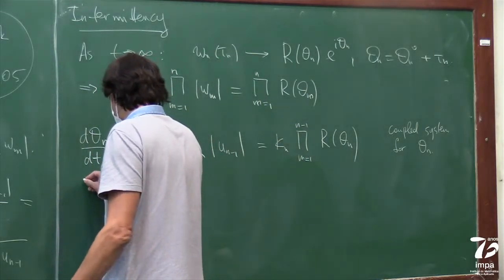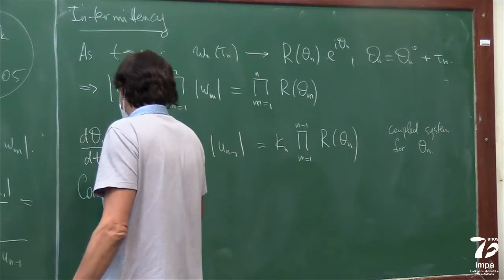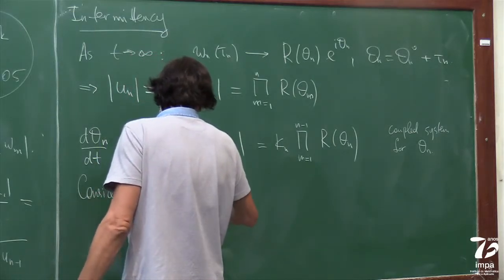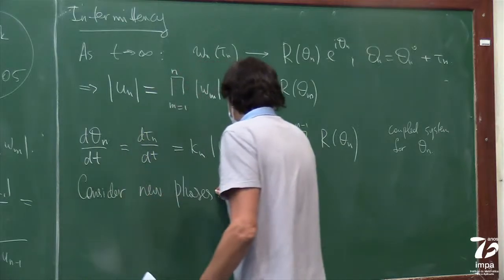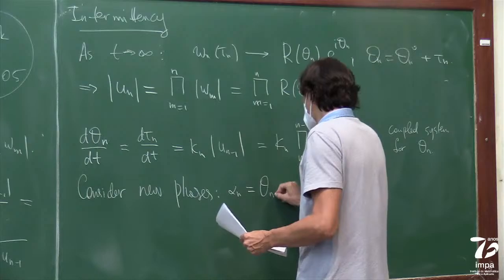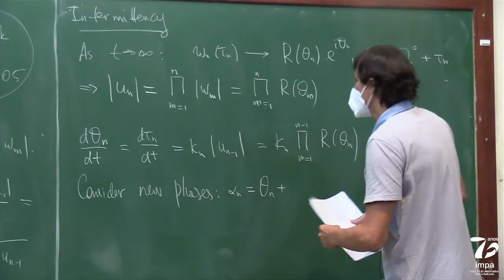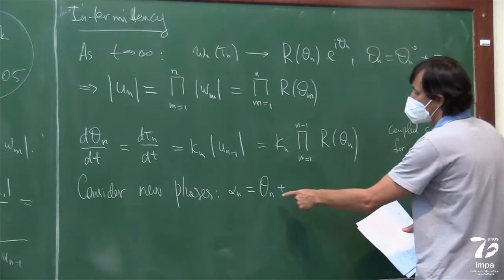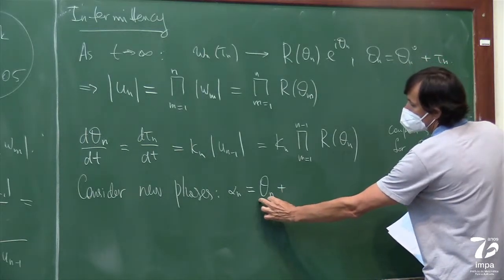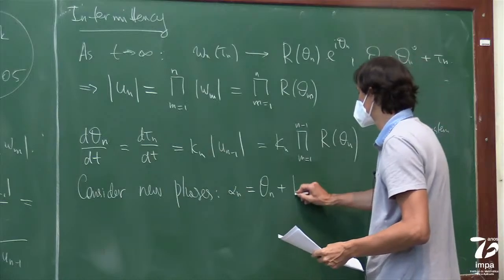This system can be solved by an explicit transformation. So consider new phases, which we call alpha_n, and it will be just theta_n plus some function. You see, each one depends on the previous. So we will correct the phase by some function of the previous ones.